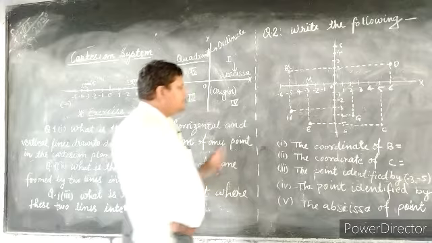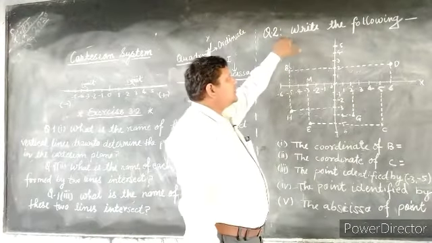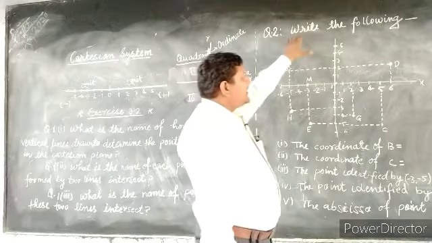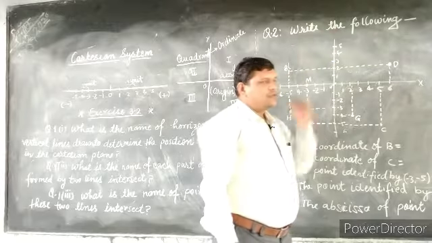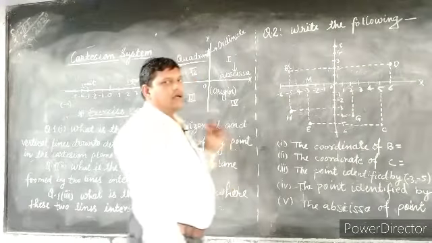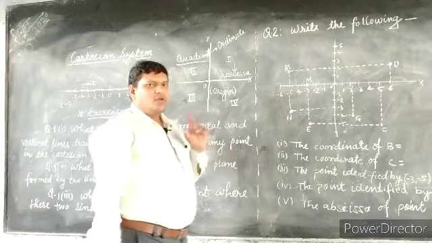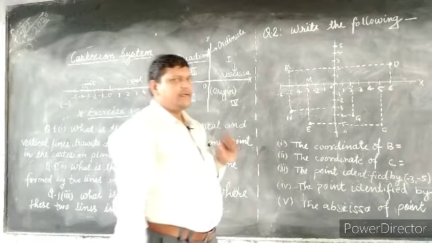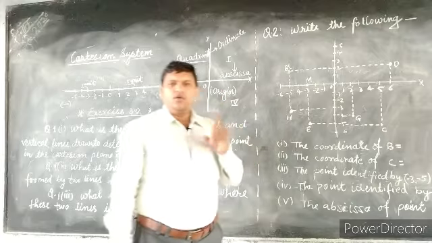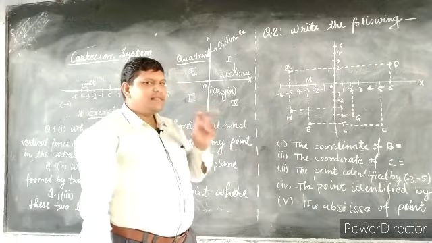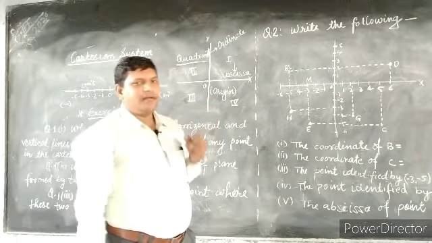And now your question number 2. Write the following coordinates. I have told you in a previous video what a coordinate is and how we determine the location of a point on the plane.